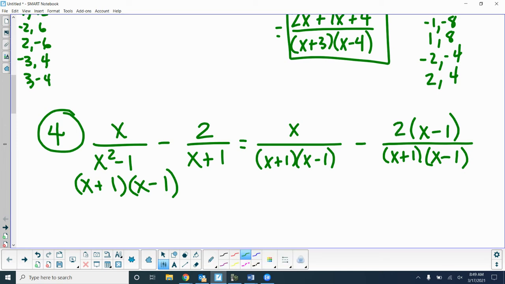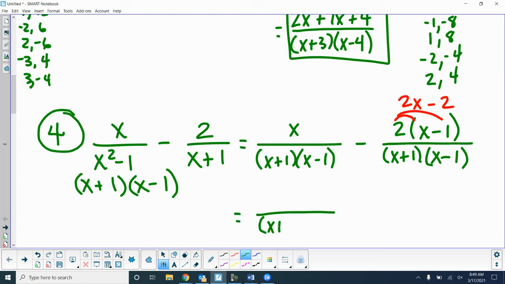What if this was x plus 2? How do I multiply x plus 2 and x minus 1? FOIL it, right? So you might have to FOIL them all. You might have a binomial there instead of single numbers. So here we're going to distribute again first before we subtract. So that's a 2x minus 2 when I distribute the 2.